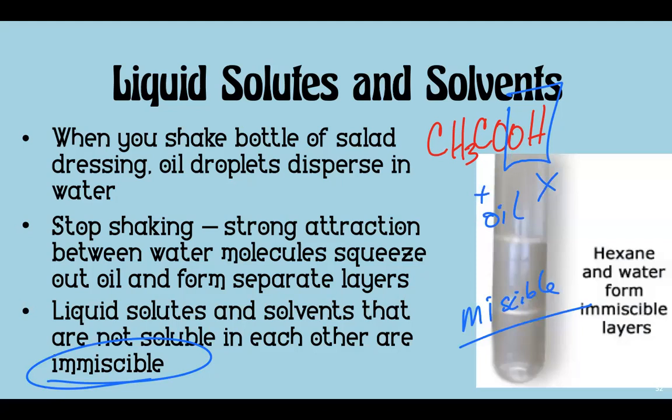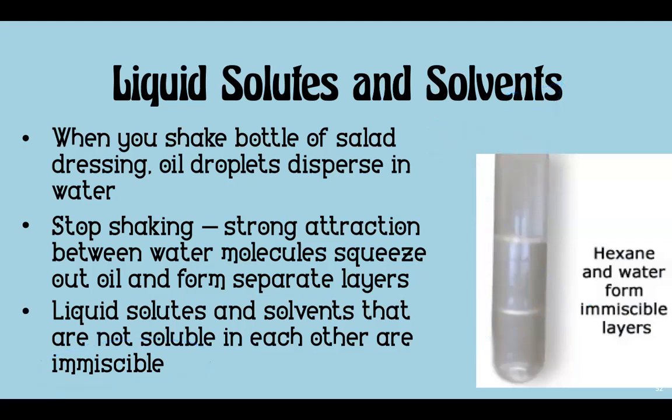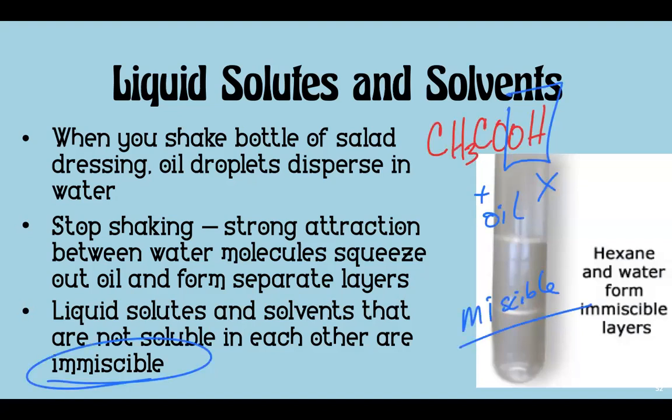Here is an example: hexane, which has the formula C6H14, following CnH2n+2.